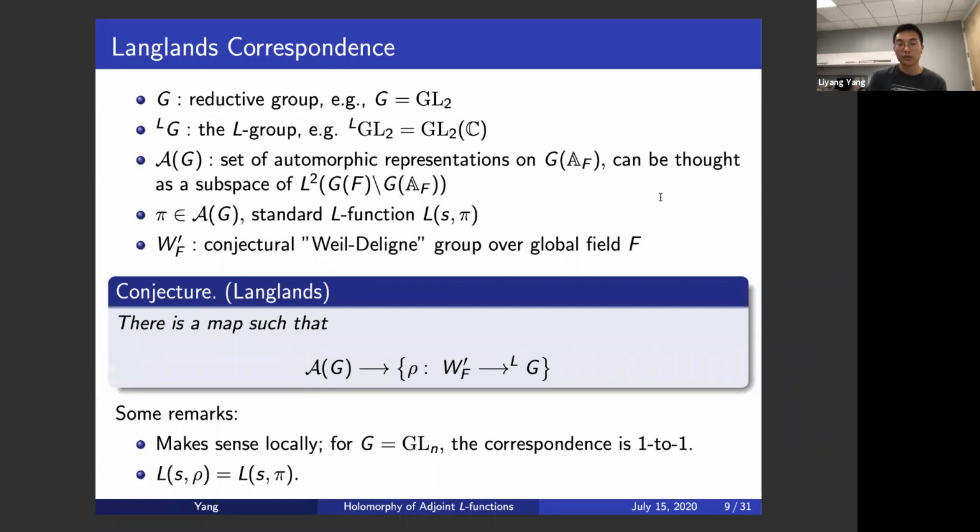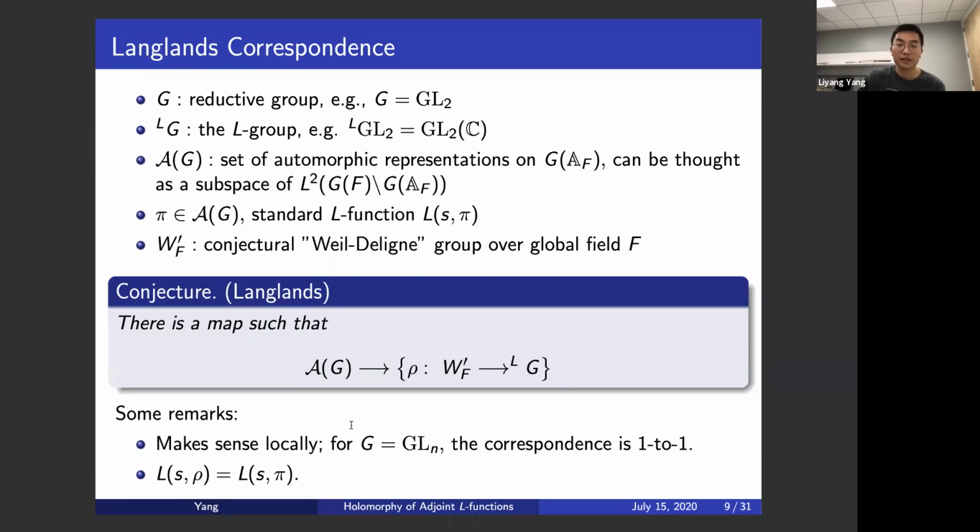Technically, we should mod out by these inner isomorphisms, but these are just some Galois representations, and we will call them parameters. And this conjecture makes sense locally because we can define the Weil group over local fields. And for GL_n, this map should indeed be a bijection, because the L-packet for GL_n is a singleton.